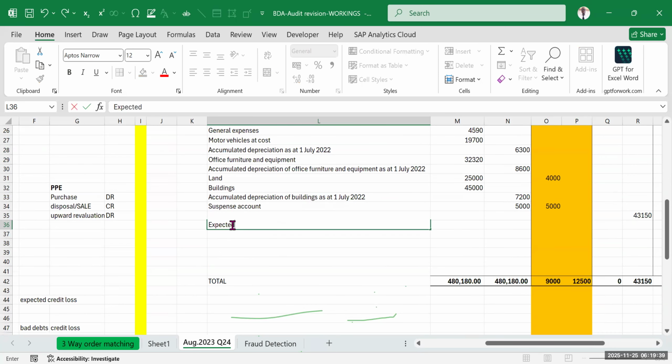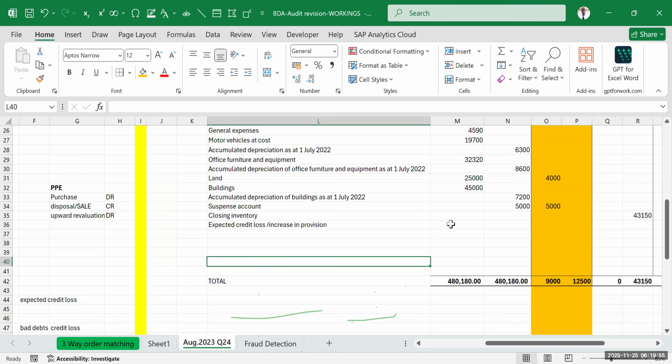So I will call it expected credit loss. No one will penalize you if you just call it increase in provision. Increase in provision. And now we are going to debit it because it is now an expense of how much?